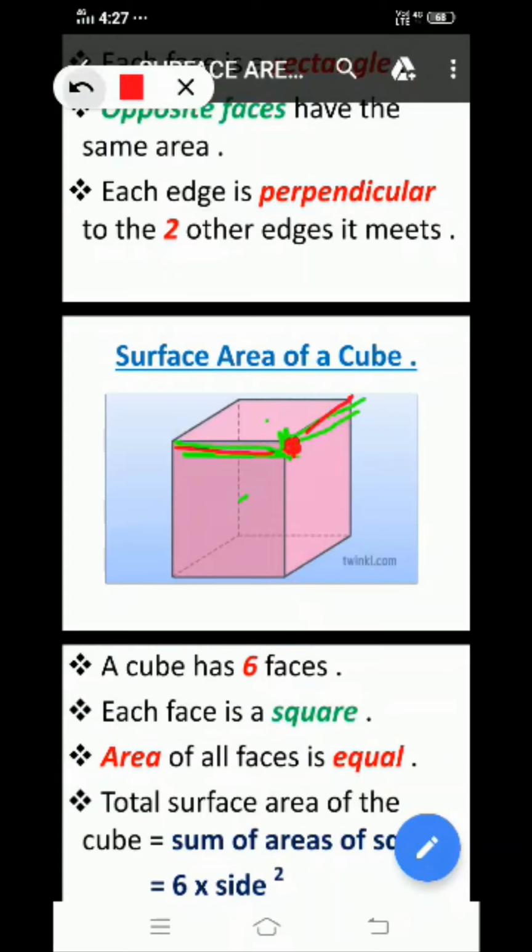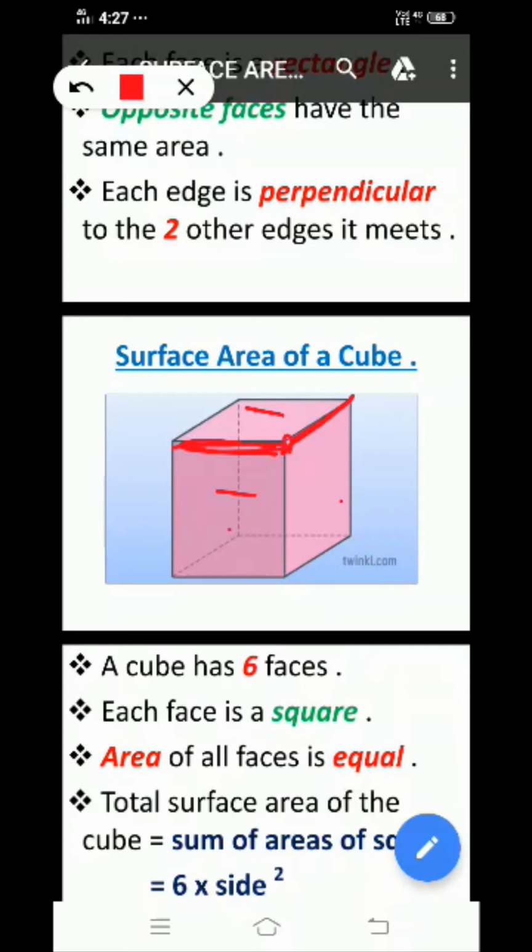Again I am telling you, just see that. If these faces meet, the line where they meet is called an edge, and where two edges meet, that point is called a vertex or corner. Understood? And the flat surfaces are called faces.